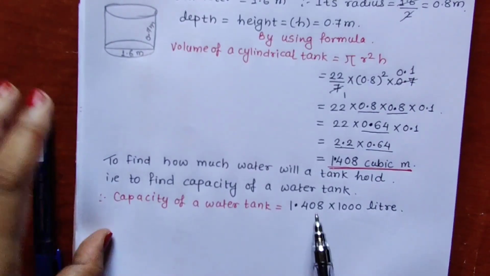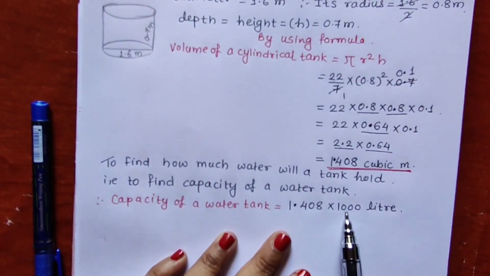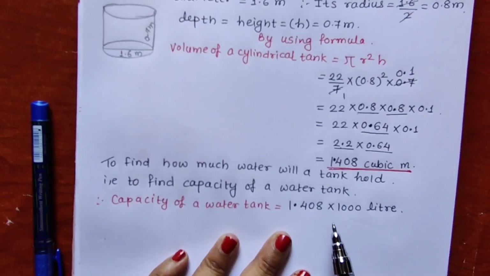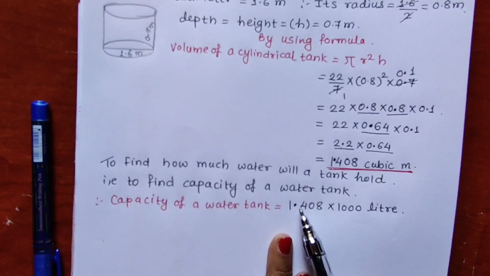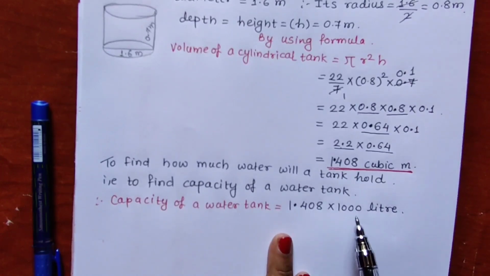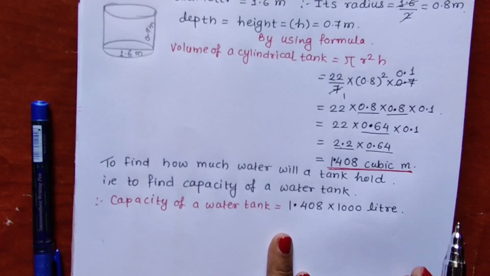When we have to multiply by multiples of 10, we have to shift the decimal point to the right hand side. As many zeros as there are in the multiple of 10, we have to shift the decimal point to the right hand side after that many digits.